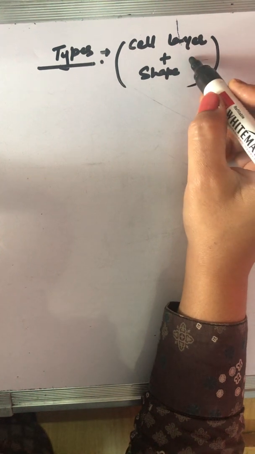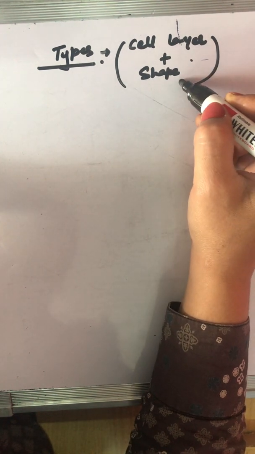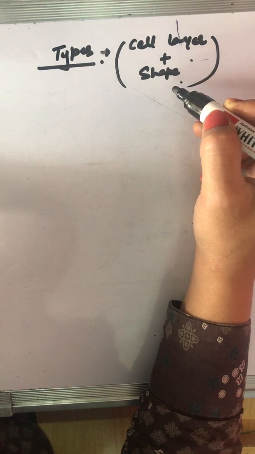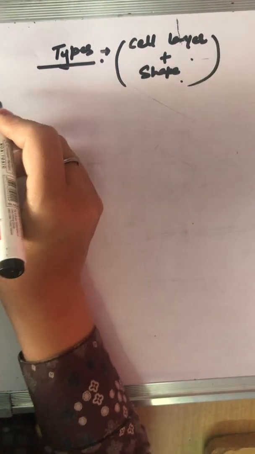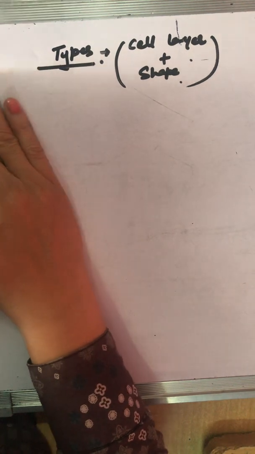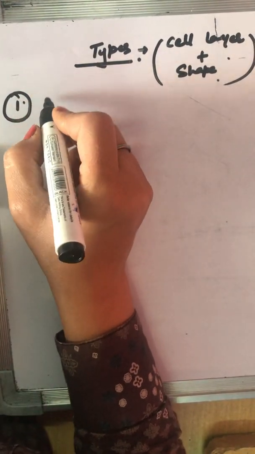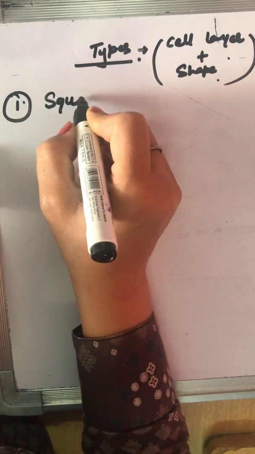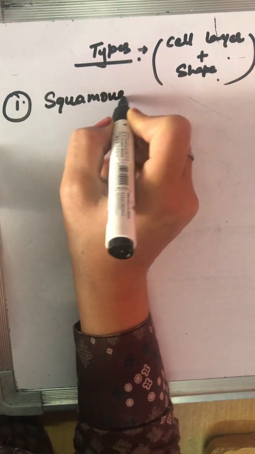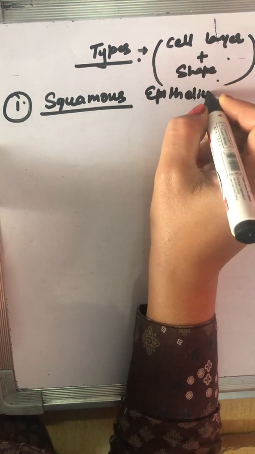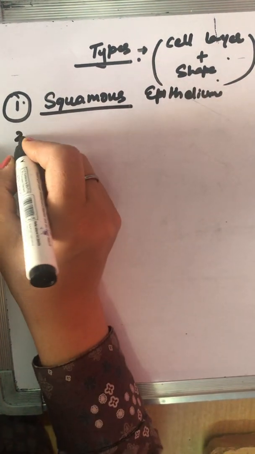Maybe two to three layered, and the shape may be round, polygonal, cuboidal, or simple. On that basis we divide it, the first one being squamous epithelium tissue.